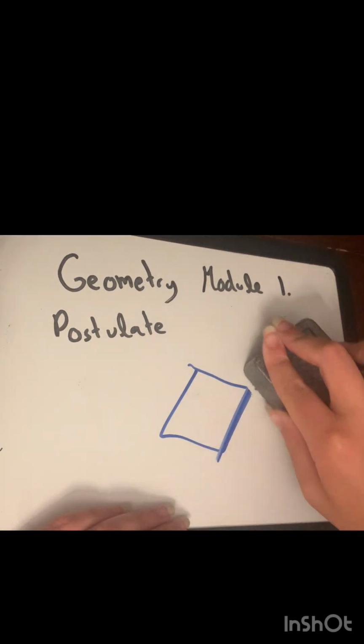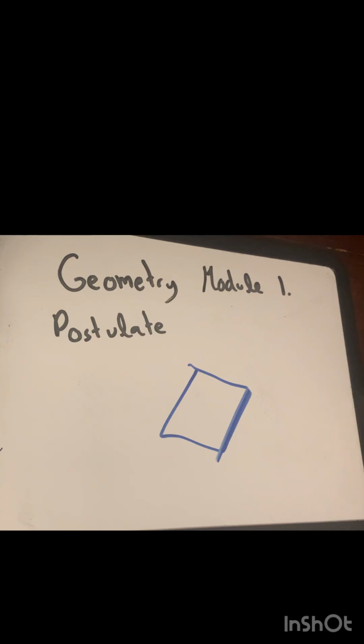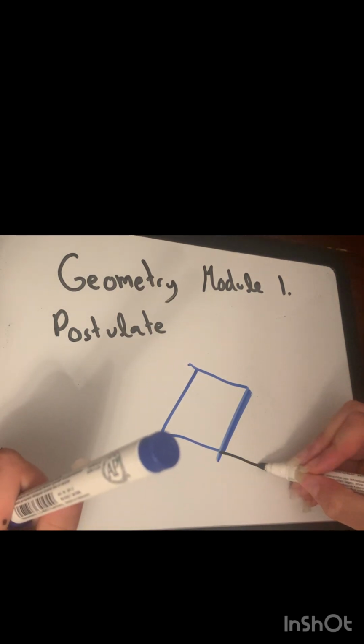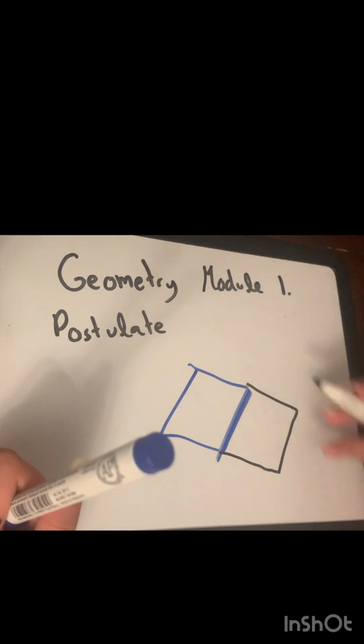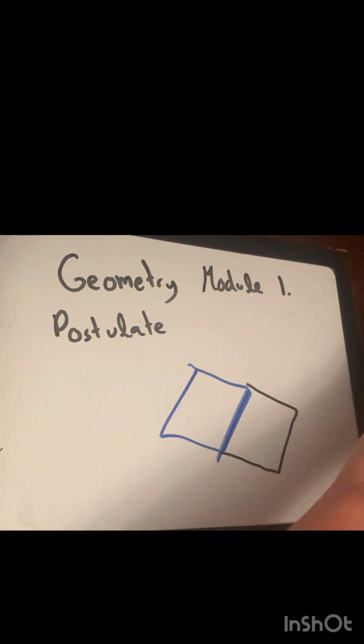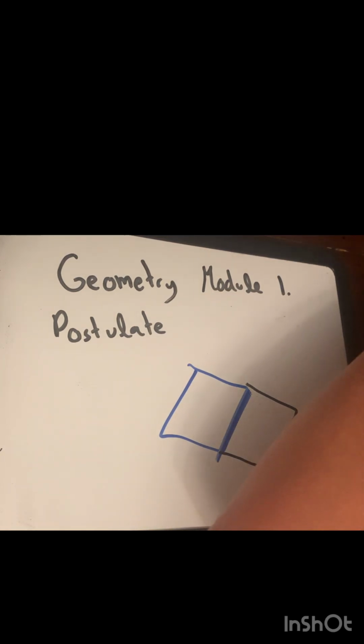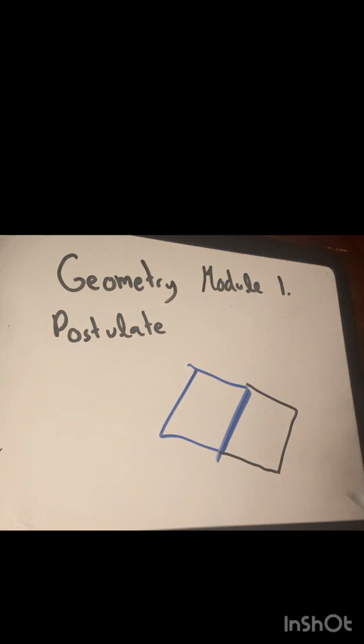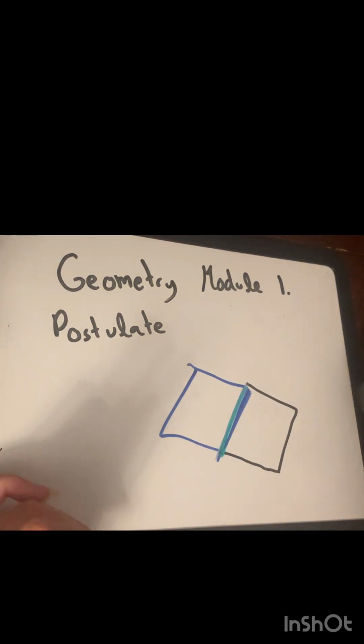Because you'll probably never see it like this, but you will see it like this. Like this. And yes, there's 1 line. Sorry, I want to use colors so it's just easier for you guys to understand. There's 1 line that makes them intersect. So that's another rule. And it's true. It's not a rule. Sorry, it's a fact. Facts.